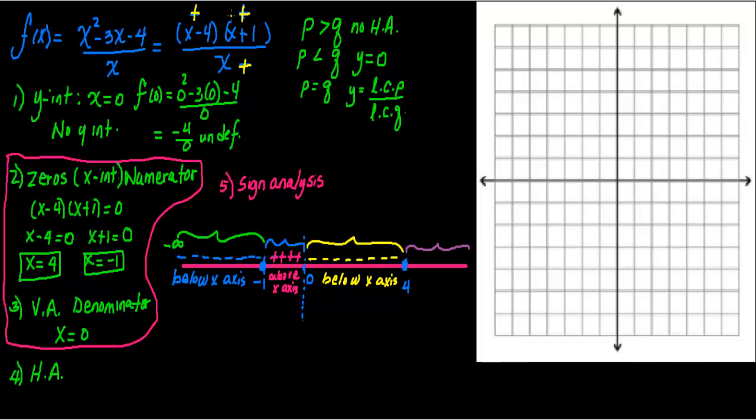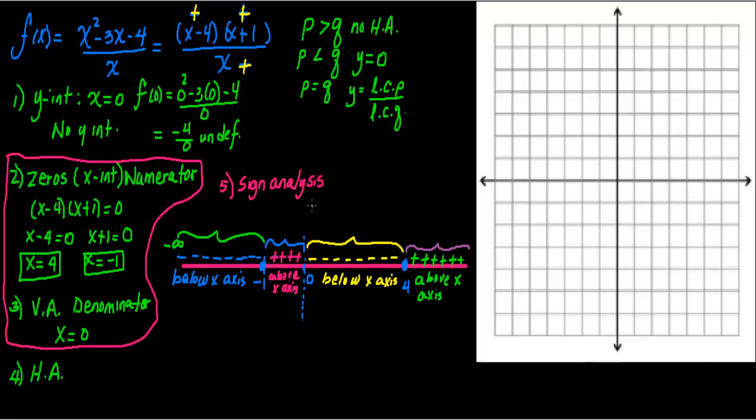That means positive times positive is positive, divided by positive, positive. That means that in this region, the graph will be positive, meaning that it will be above the x-axis. Okay? Now that I've done my sign analysis, I'm ready to start sketching.